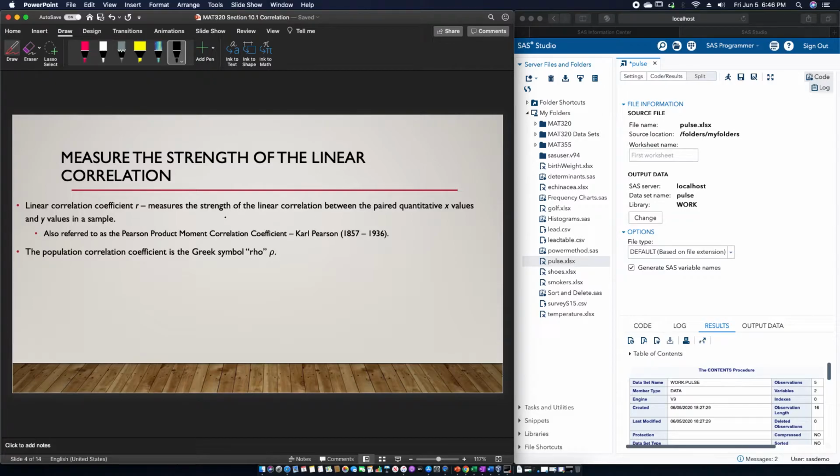We could also call it the Pearson product moment correlation coefficient, because it was first found by Karl Pearson, born in 1857 and died in 1936. The population correlation coefficient is the Greek symbol rho, which kind of looks like a P, only not really. But whenever we're talking about these, we usually use the sample correlation coefficient, which would be R.